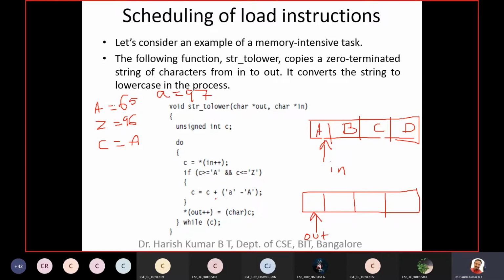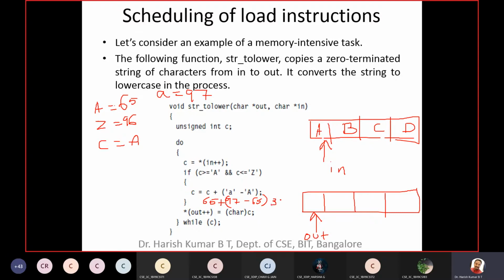Now here you come, and then what you're doing is c plus lowercase a minus uppercase A. Lowercase a is 97, c is 65, and uppercase A is again 65. So 65 plus 97 minus 65. 97 minus 65 is how much?